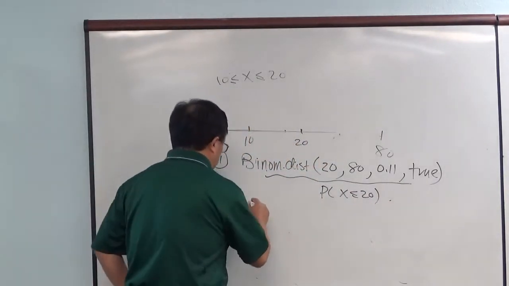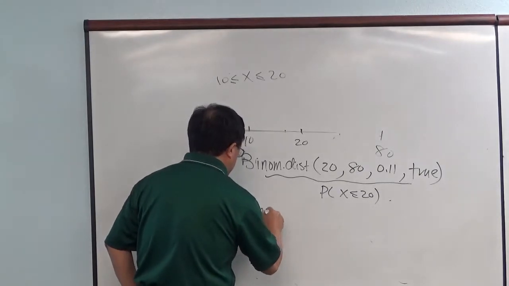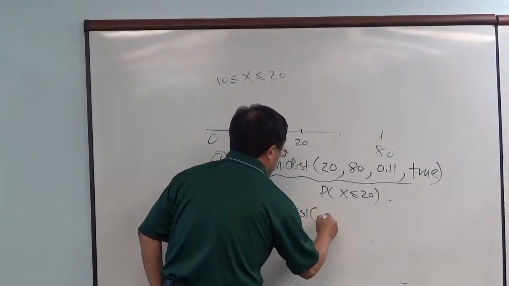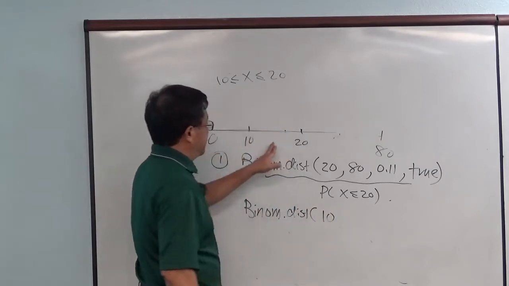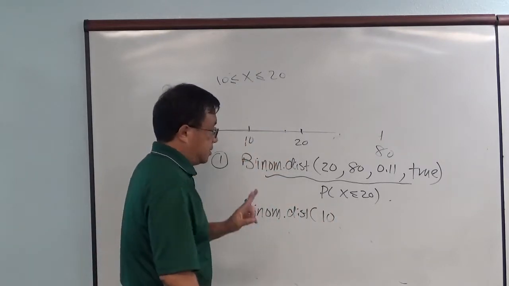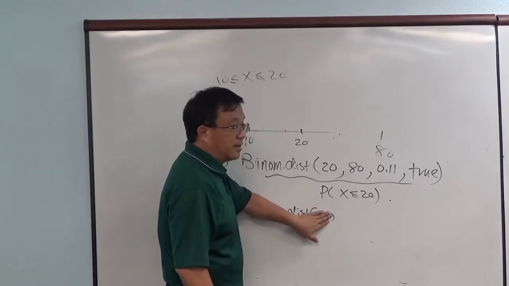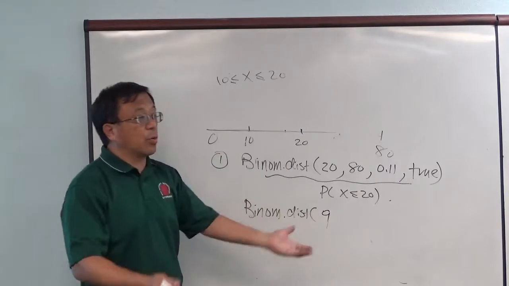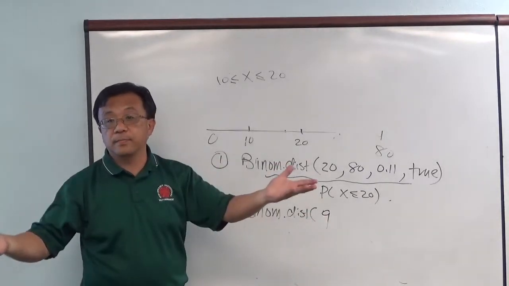Then you also need to find the binomial distribution for 10, but instead of using 10, you have to use 9, because this one includes 10.